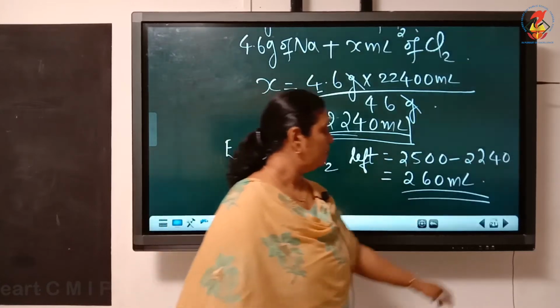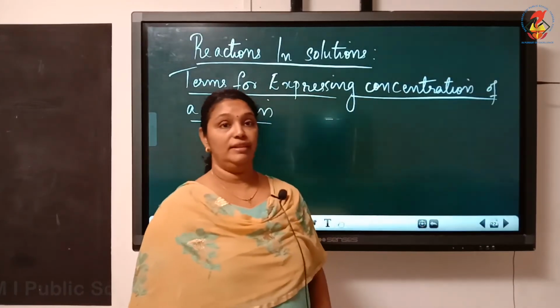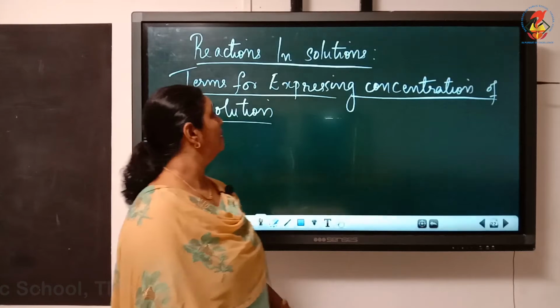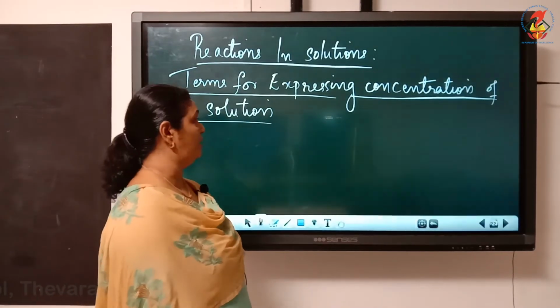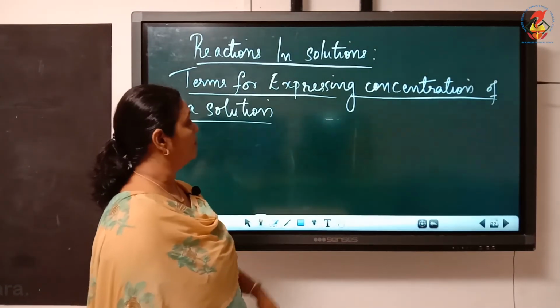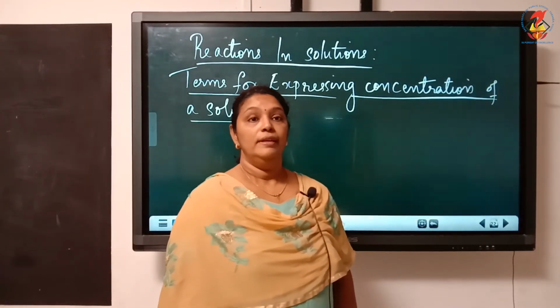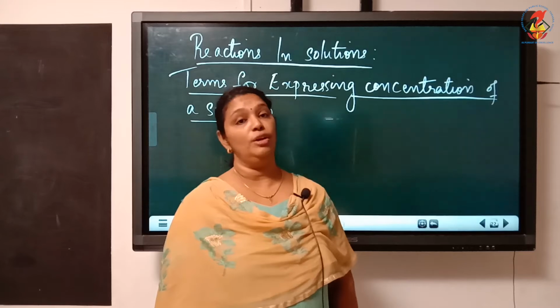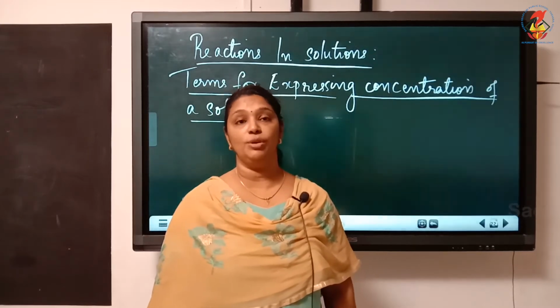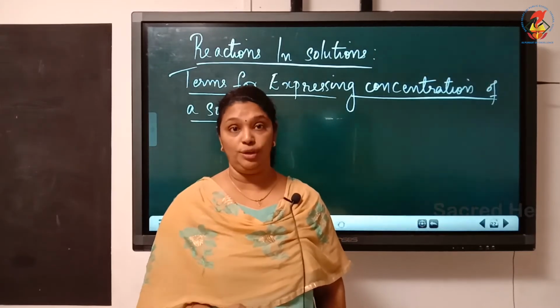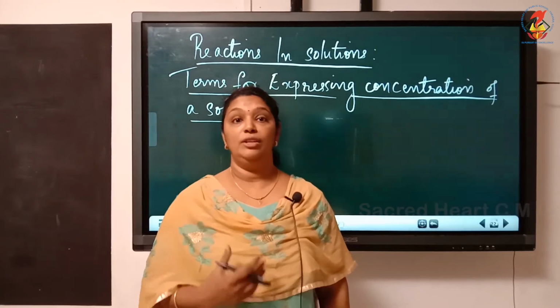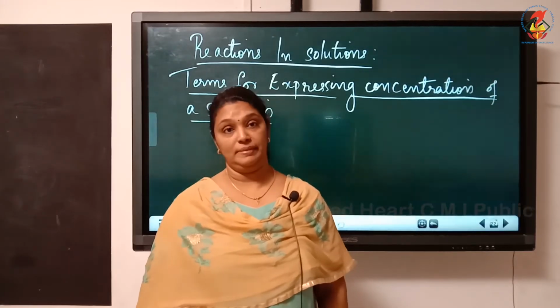Okay. Now, the next thing coming in this chapter is reactions in solutions or terms for expressing concentration of a solution. Now, what do you mean by concentration of a solution? Concentration of a solution is the amount of solute present in a known amount of solvent.